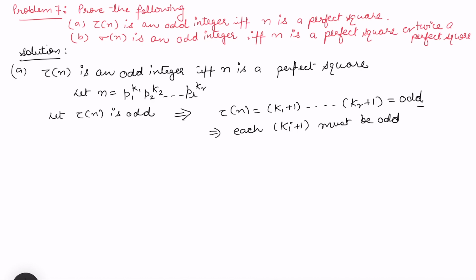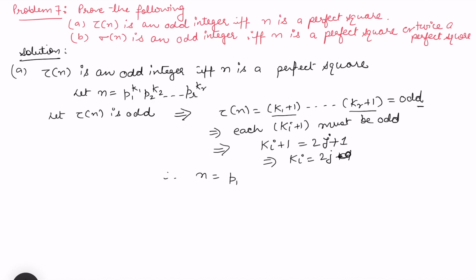So we must take that each quantity is odd. If each of these is odd, each ki plus 1 is equal to 2 times some quantity j. This implies each ki is nothing but 2j plus 1, sorry, ki plus 1 is odd, so this means ki is even.